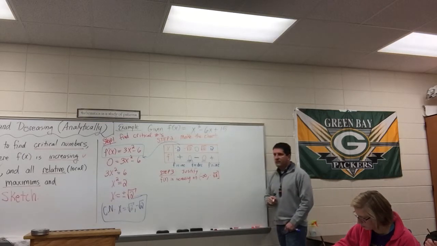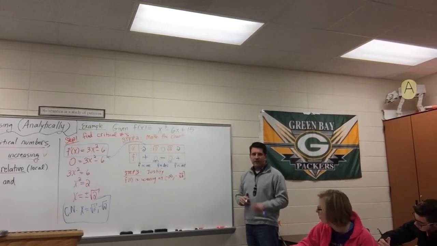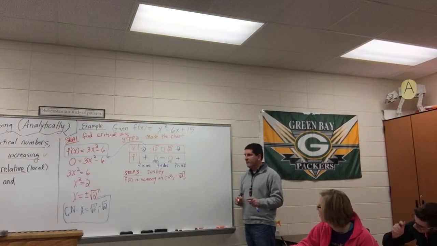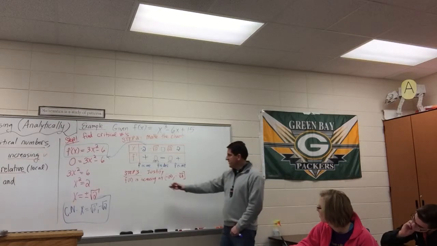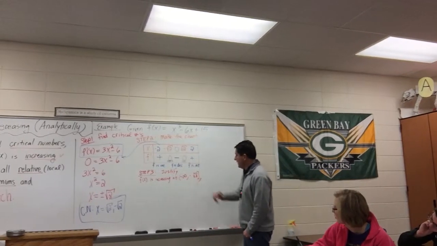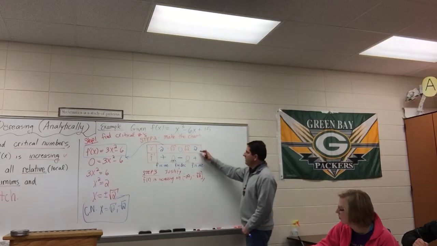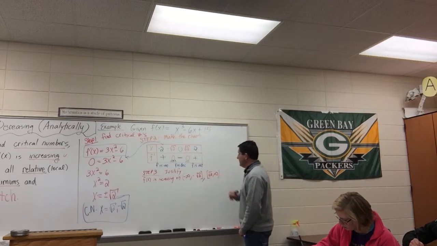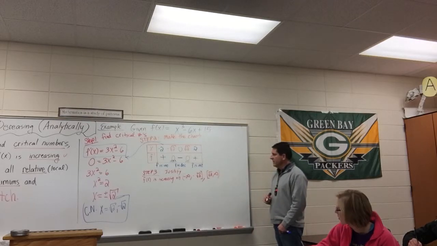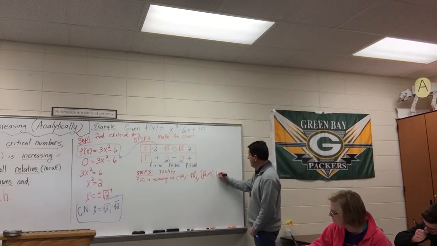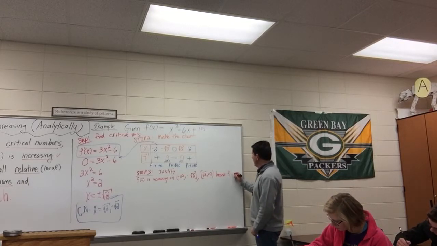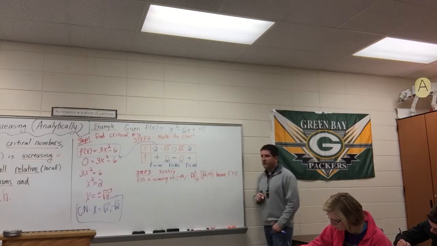See the bracket? The bracket was the ladder example. You got to be able to take that last step. So it's increasing on this one, comma, and then it also is increasing from the square root of 2 up to positive infinity. And then we have to state why. This is big. Because f prime is greater than 0.